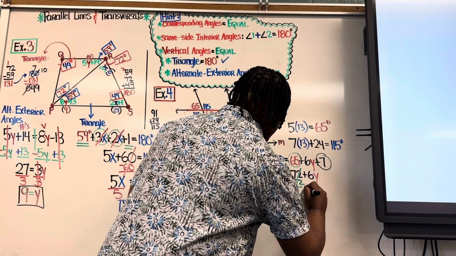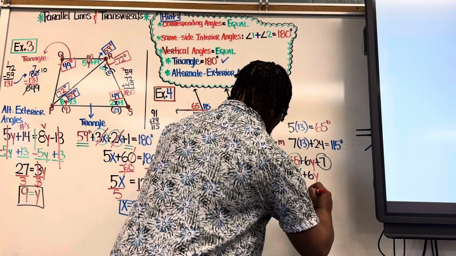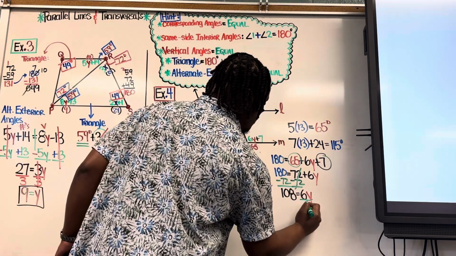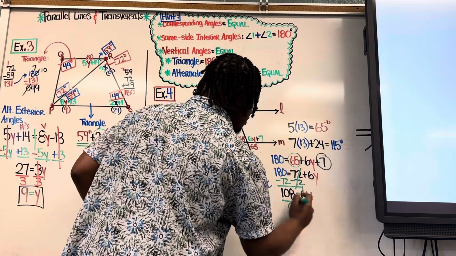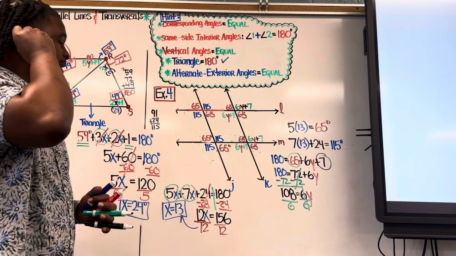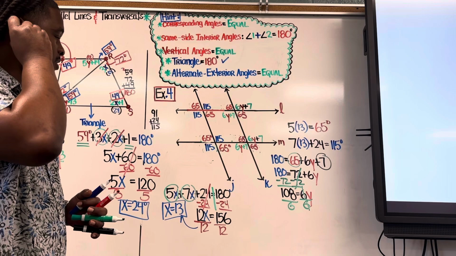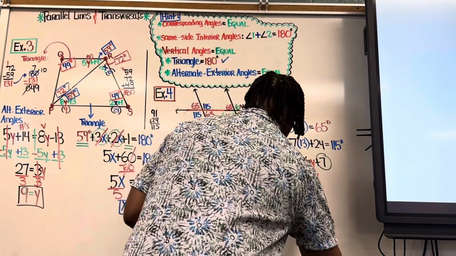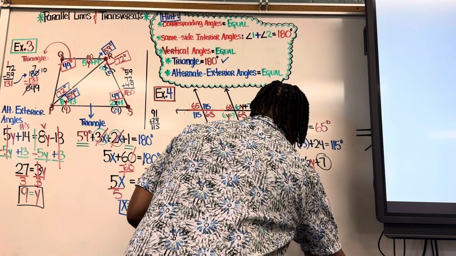So I have 108 equals 6y. And to find out the value of y, I would divide both sides by 6. And then y would equal 108 divided by 6, which is 18. So y would equal 18.